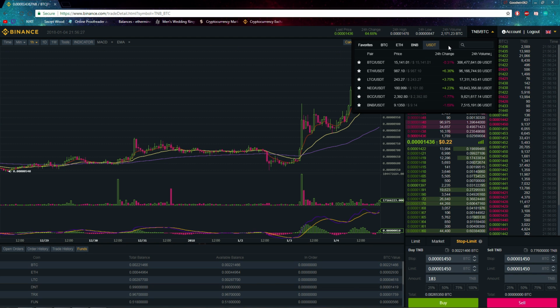And then USDT, which is essentially a coin that represents the US dollar. So one coin is always worth $1 US. So it's good if you want to have essentially US dollars in your account without having actual US dollars, you can have a US dollar coin. I forget the exact name of it. Obviously, it starts with a T, but it represents a dollar, and it's not going to change.